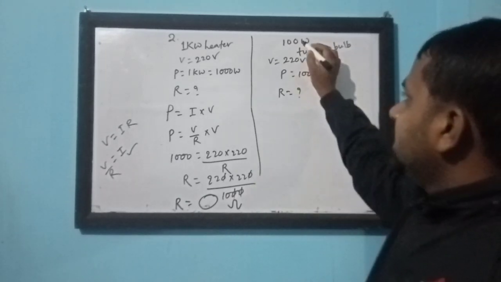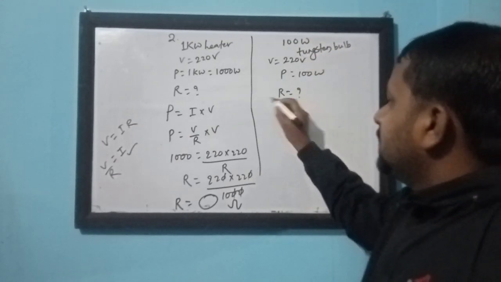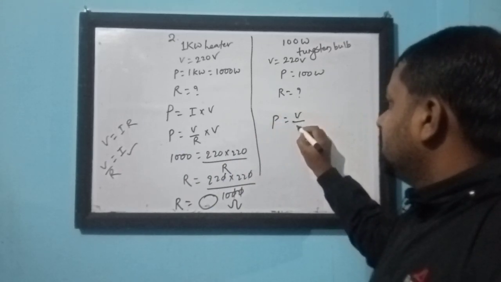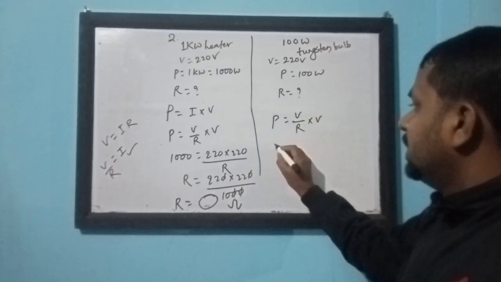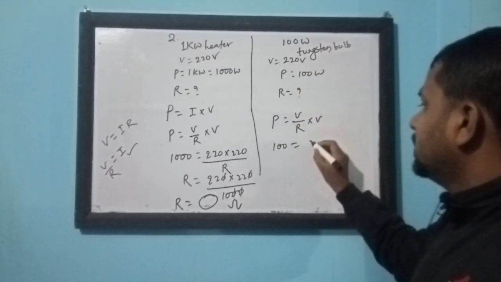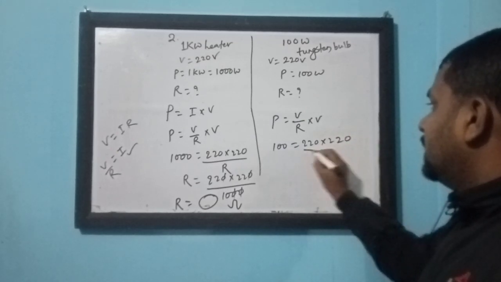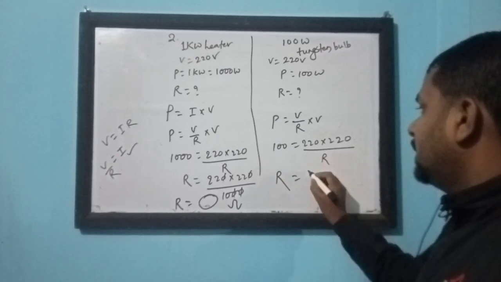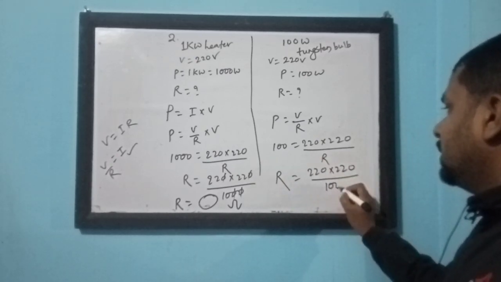Now we are calculating the resistance for the bulb. Let us see, the same formula we are going to use: P is equal to V divided by R into V. Here P is how much? 100 watt. So 100 is equal to V, which is 220 into 220, divided by R. In a similar way, we find the value of R: 220 into 220 divided by 100.